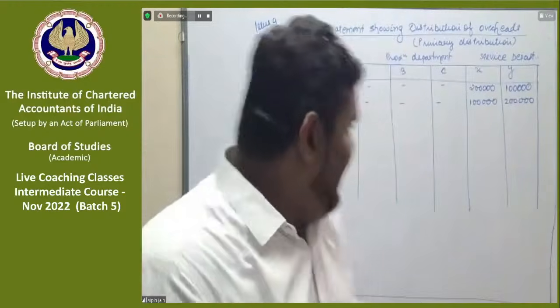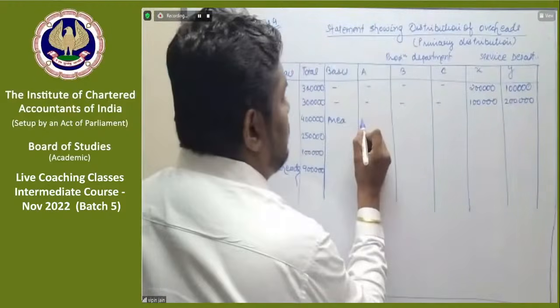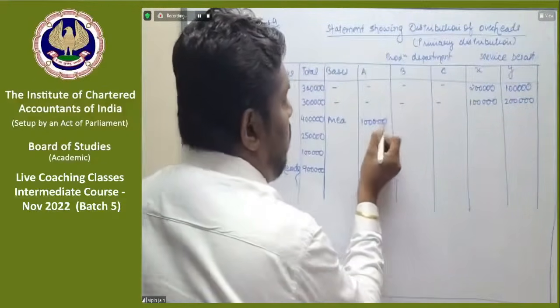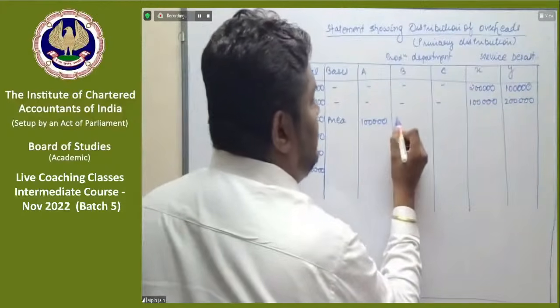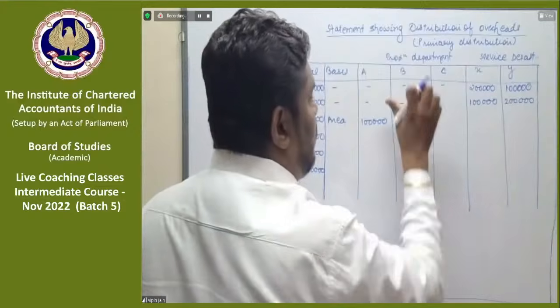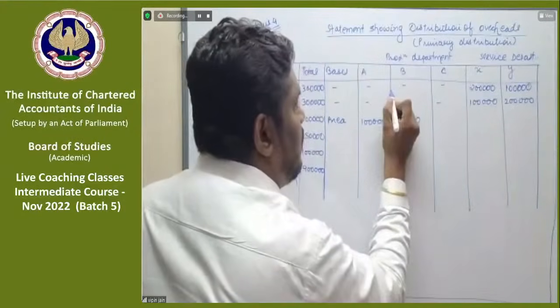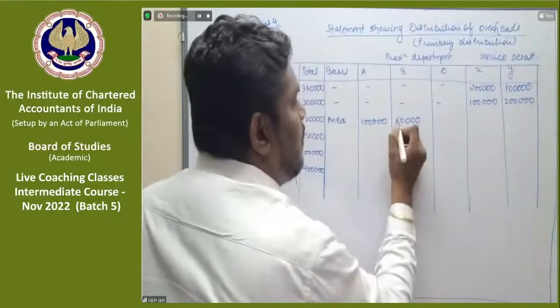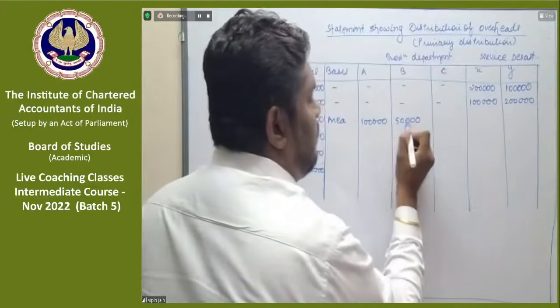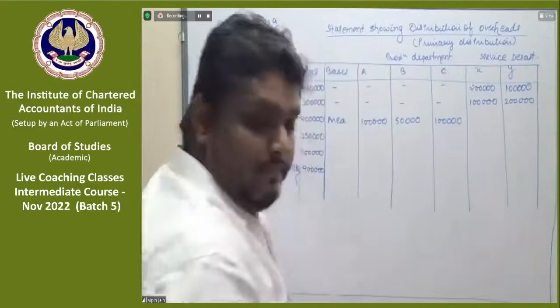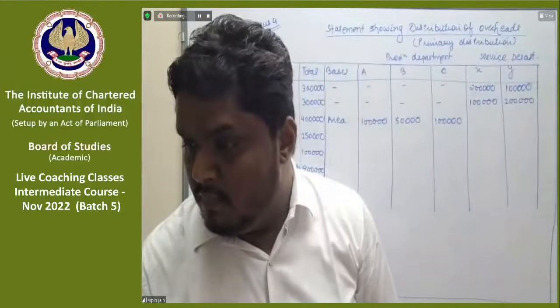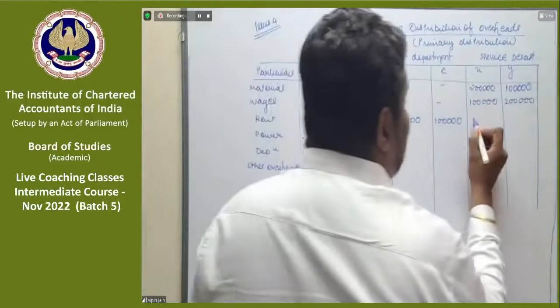So this will be 1 lakh. This will be 50,000. This will be again 1 lakh. This will be 50,000.